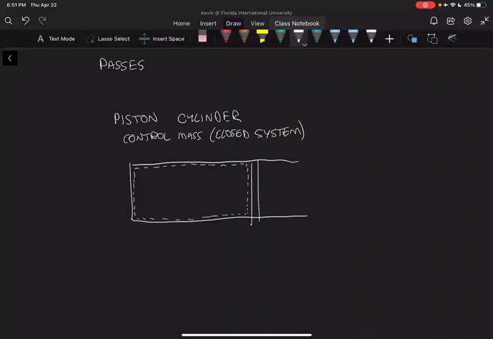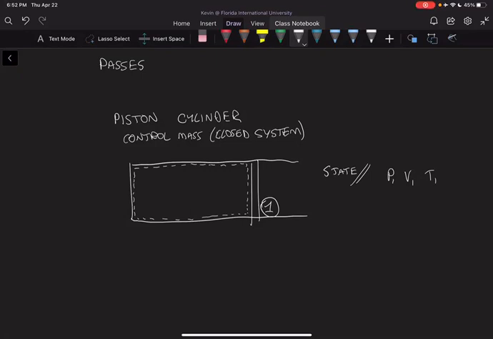Now, state one is this state right here. And for state one, we have a certain pressure, volume, and temperature, which would be P1, V1, and T1, for example. Okay, so we write all our thermodynamic properties down.